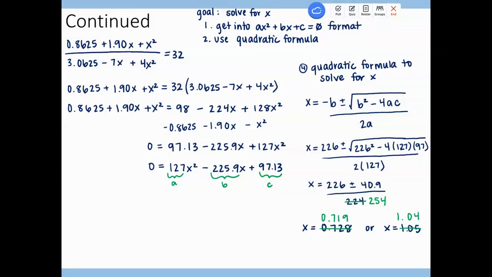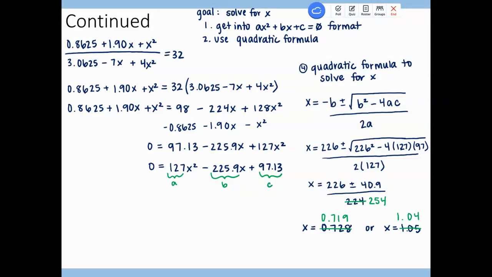So these are only different because I had the wrong number here. So with the quadratic formula, you always get 2 different options for x, because we have 226 plus 40.9 divided by 254, or 226 minus 40.9 divided by 254.